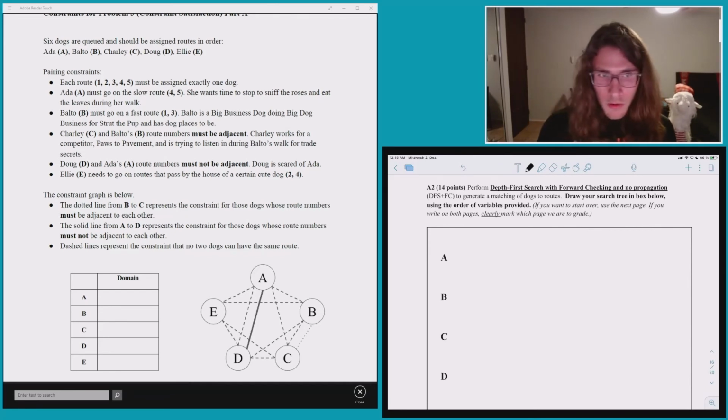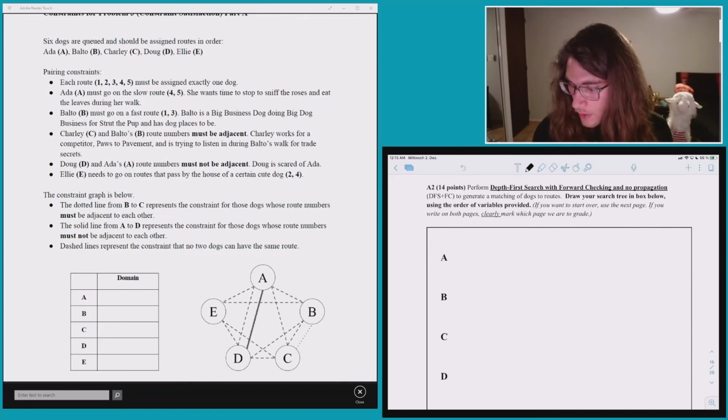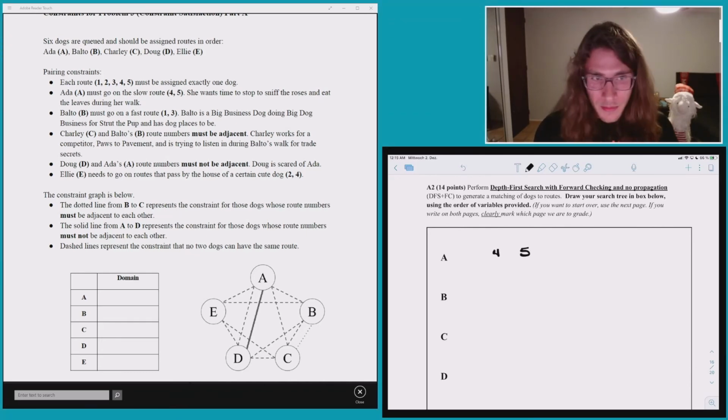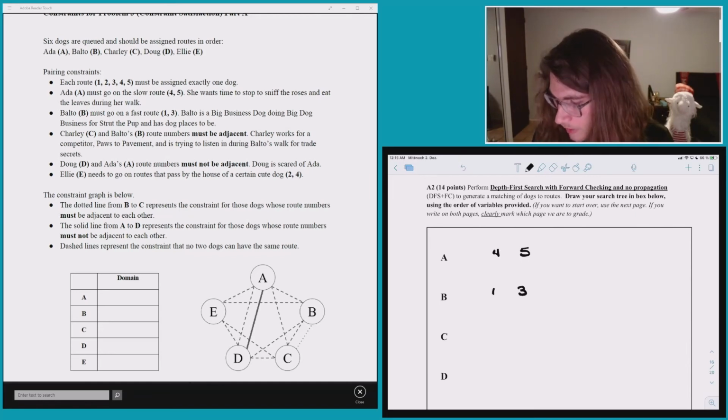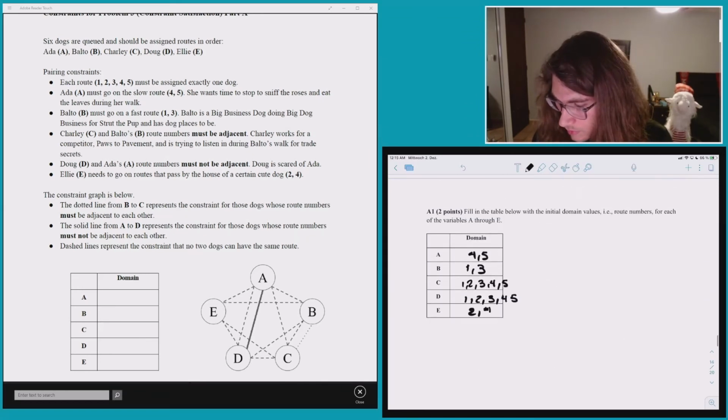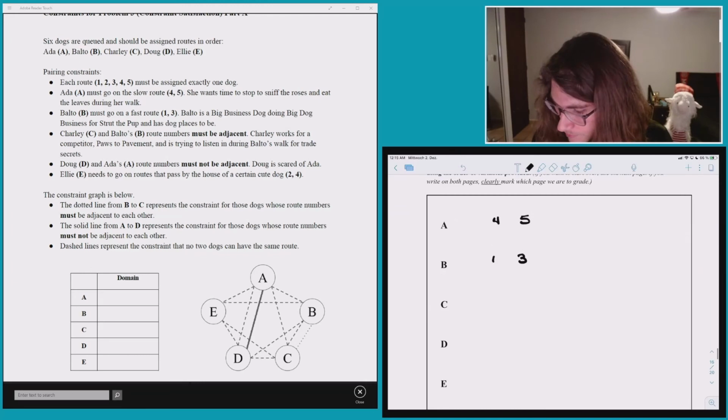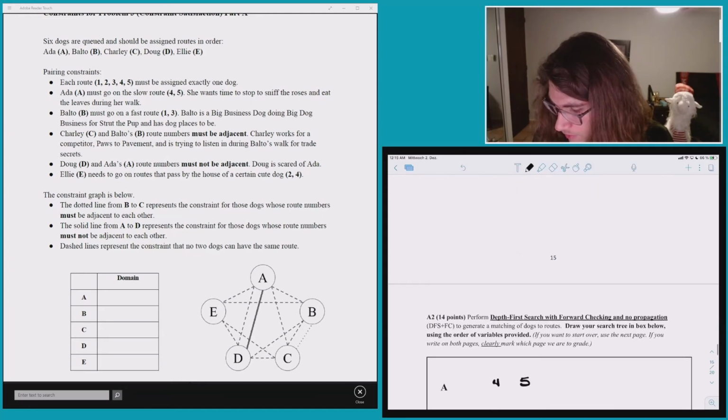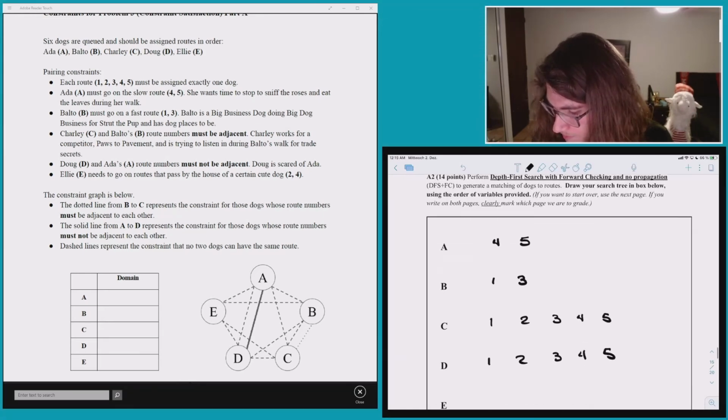Okay, so I'll just go ahead and write the domain of A, the domain of B, which I said was 1 and 3, domain of C, which is 1, 2, 3, 4, 5, the domain of D is also 1, 2, 3, 4, 5, and then E is 2 and 4.